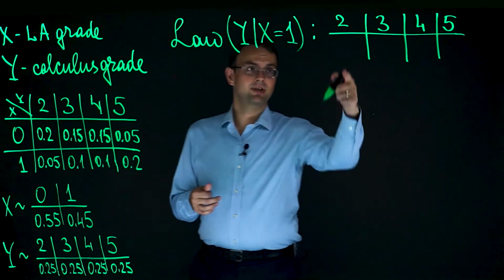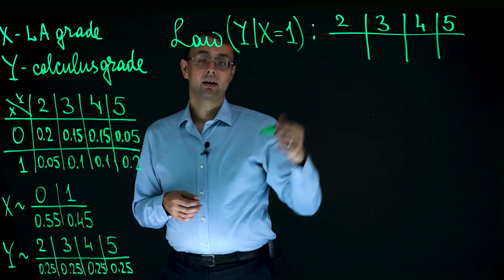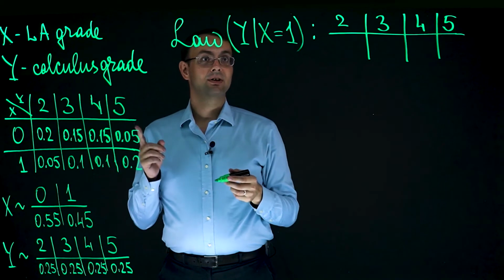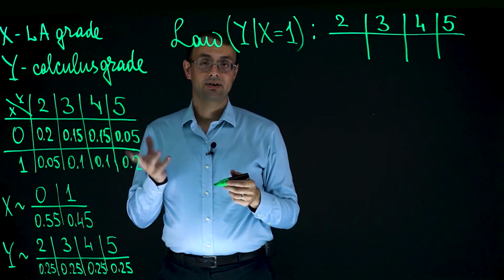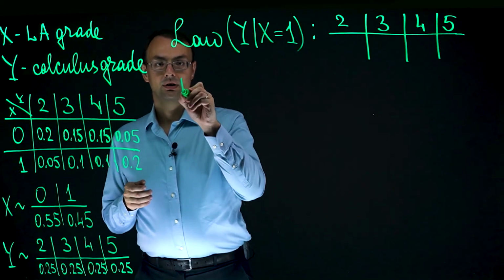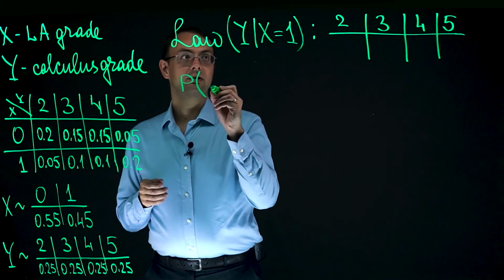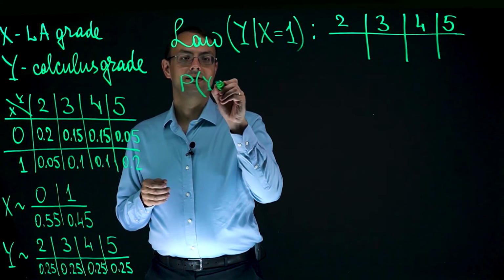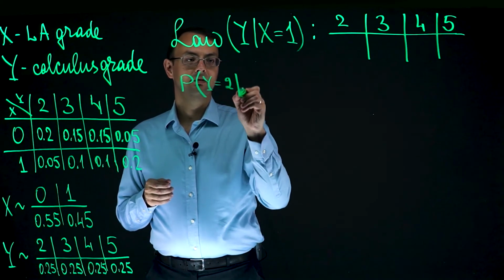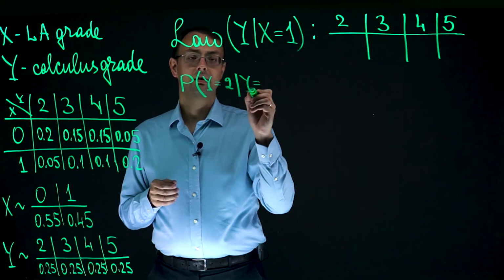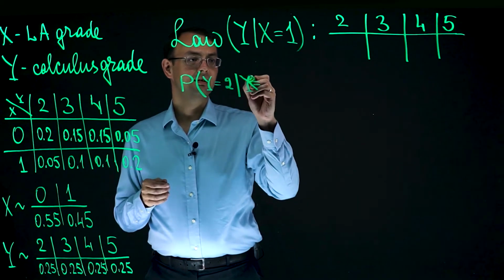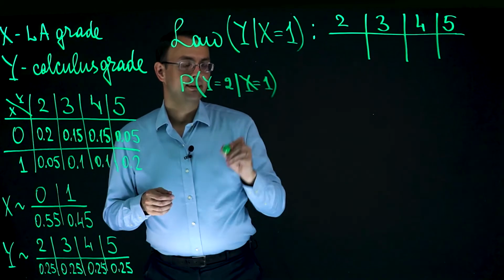So what is this? This is the conditional probability that y is 2 given that x is 1.